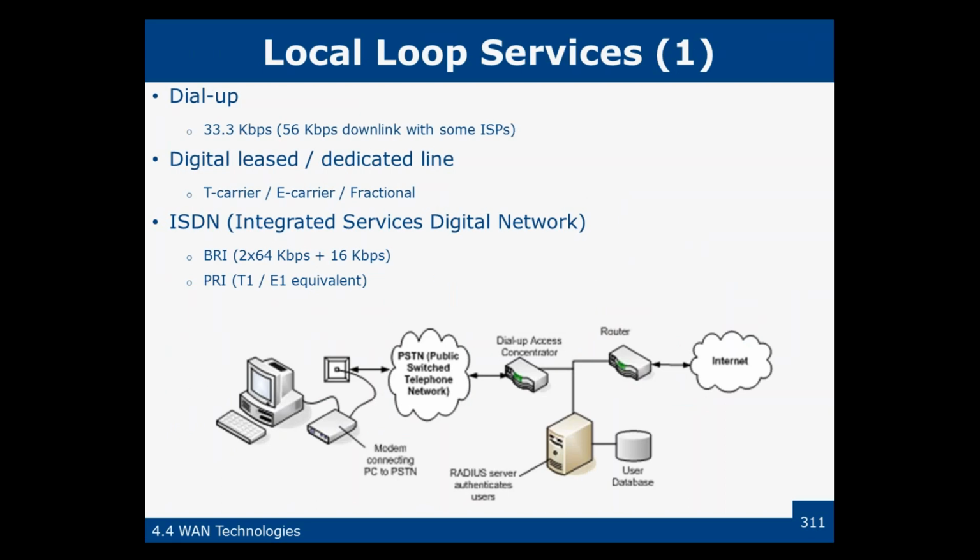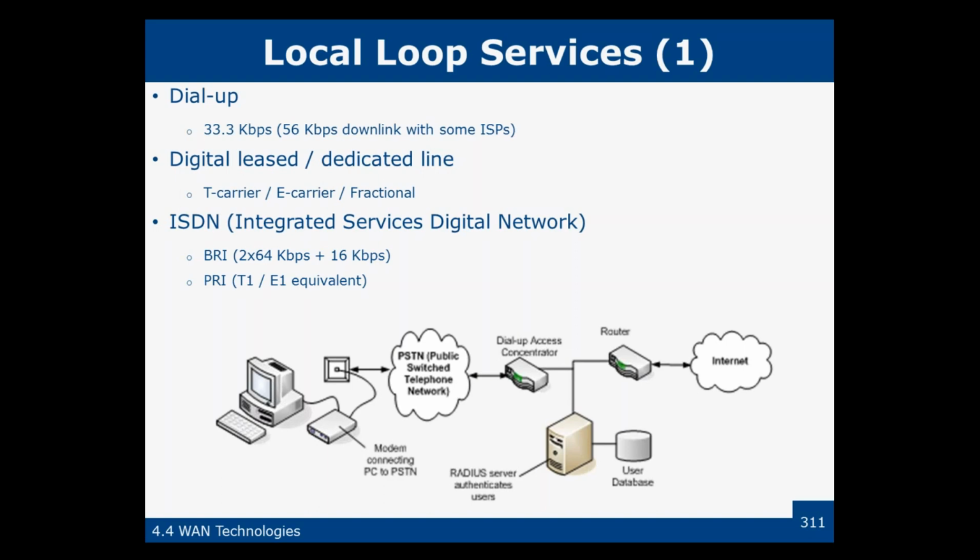Local loop services, we have dial-up at 33 kbits per second, 56K down with some ISPs, but dial-up is probably going to wind up being our emergency sort of system if everything else fails, based on the speeds that we have today with everything else. Digital leased, and you can lease these from carriers, dedicated lines, T-carriers and fractional.